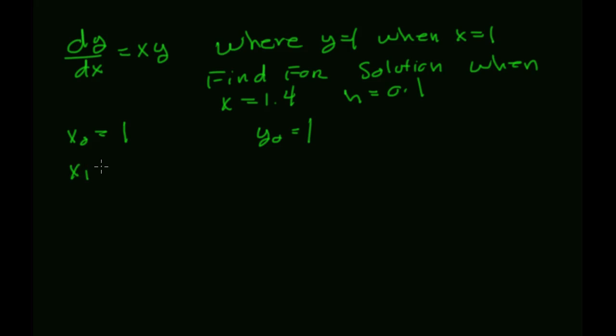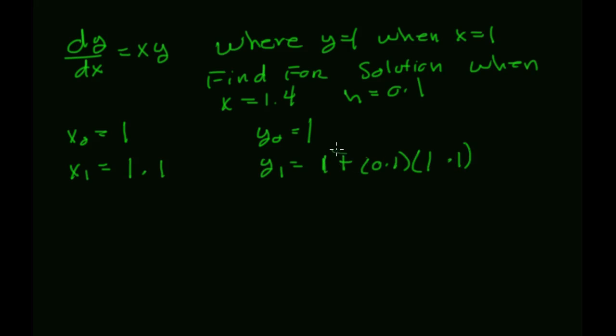All right, so x1 is going to be 1 plus h, so that's going to be 1.1. And y1 is going to be y0, which is 1, plus h, 0.1, times f of x0 times y0, so that's 1 times 1.